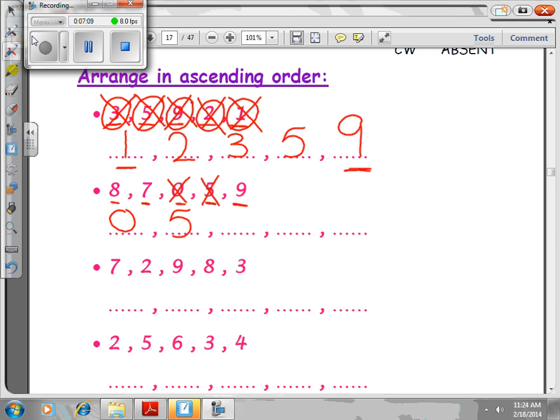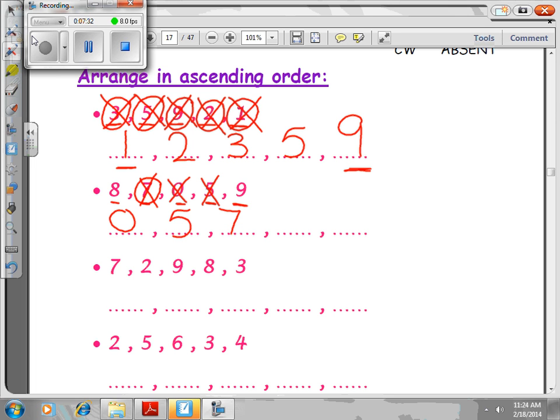Which is the smallest number here? Is it 8 or 7 or 9? Yes, the smallest number here is number 7. 7 is smaller than 8 and it's smaller than 9. So I will write down 7 and cross 7.